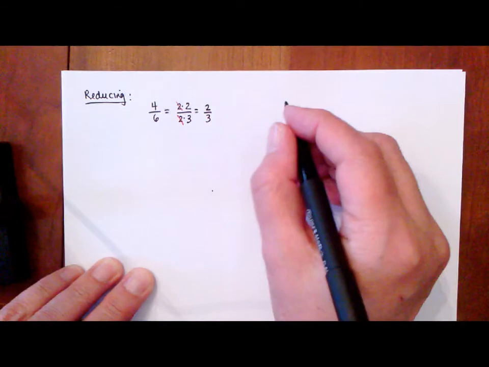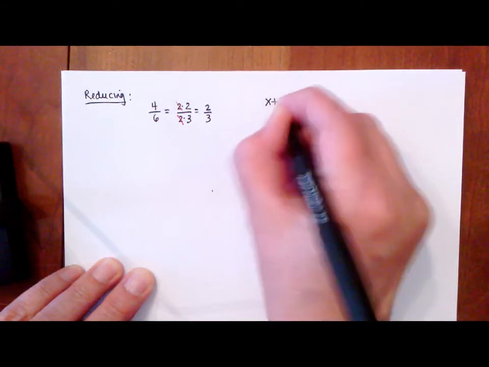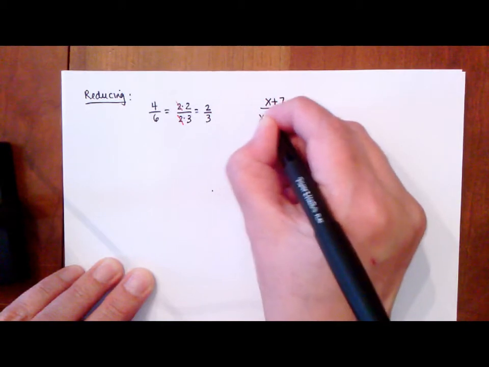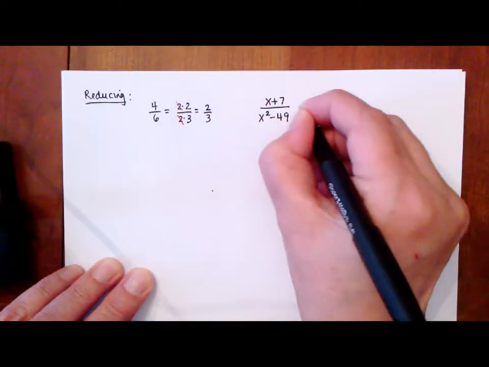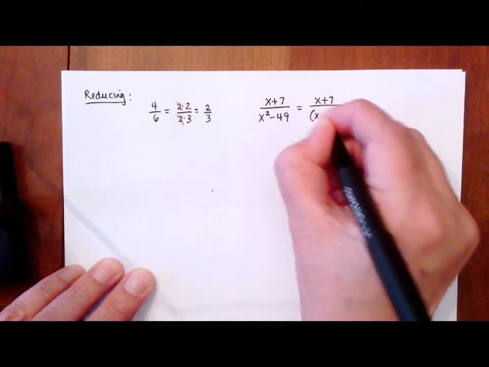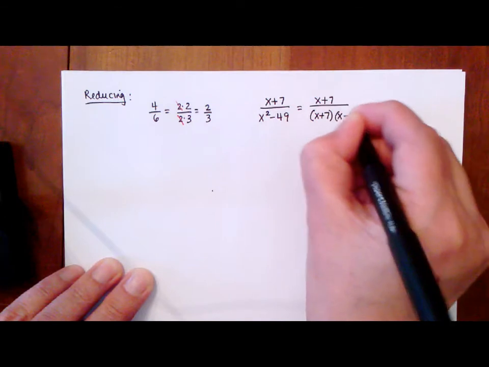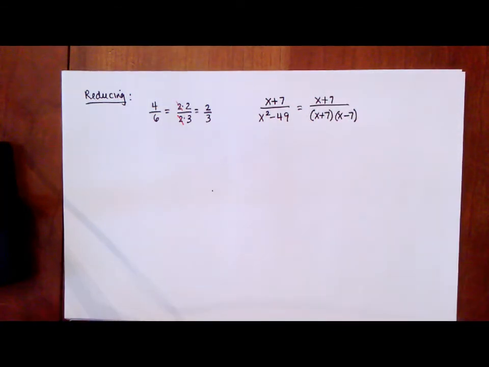How does this work with algebraic fractions? Well, let's look at the same one we were just considering a moment ago. This is not yet in simplest terms. If I factor that denominator, I see that both the numerator and denominator have a factor of x plus 7.